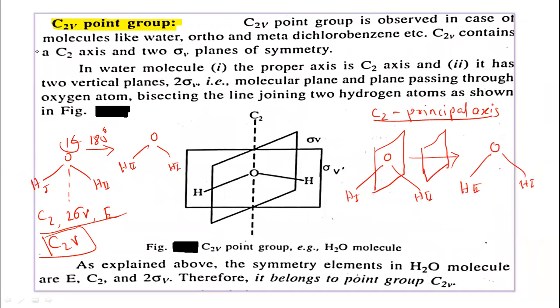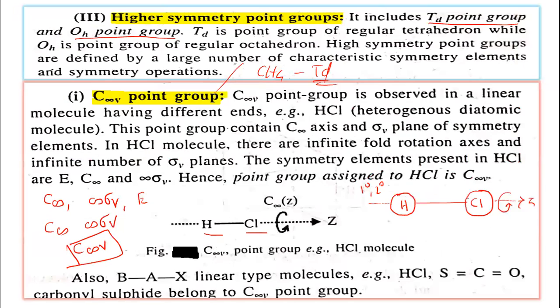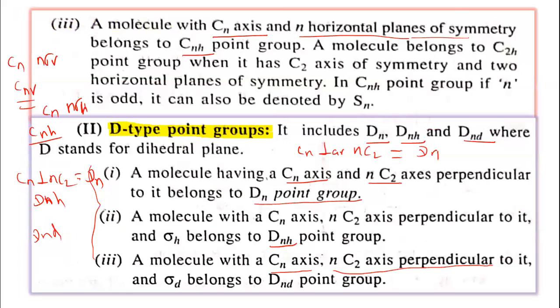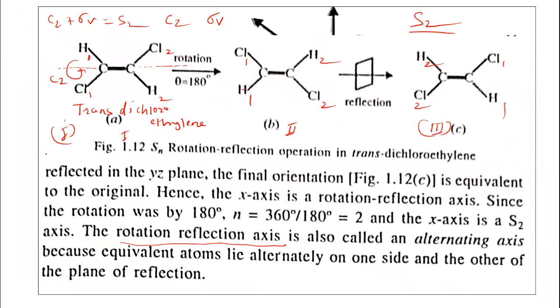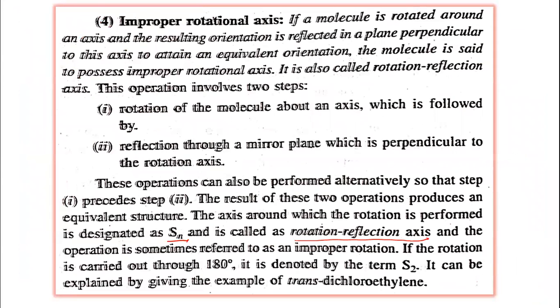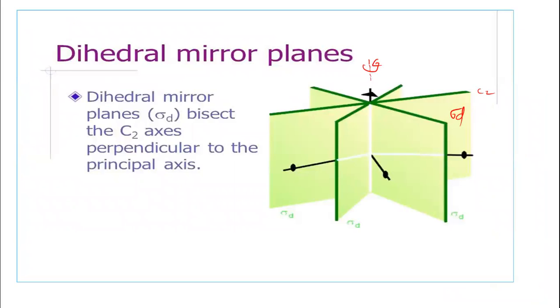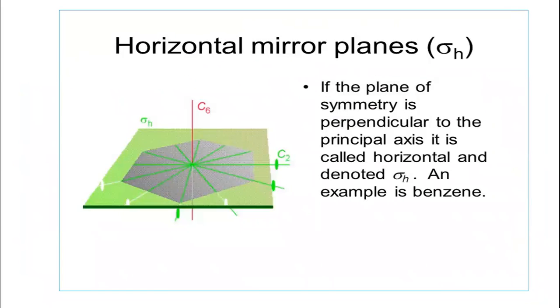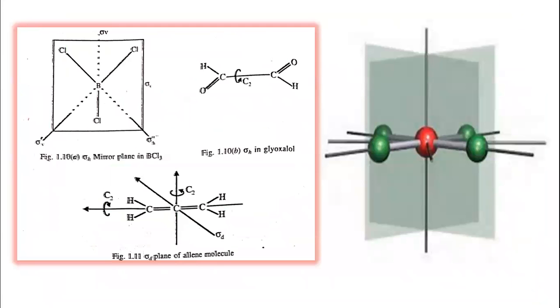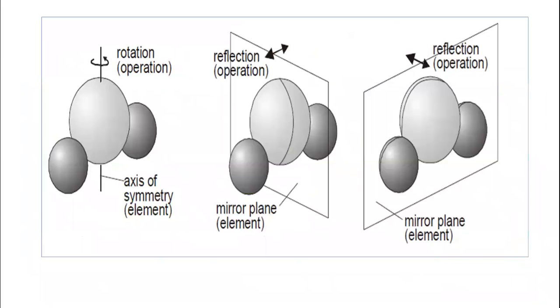The C2h point group is only possible when the molecule has the C2 principal axis, the center of symmetry i, and a horizontal plane of symmetry. That horizontal plane must be perpendicular to the principal axis. That is the important thing.